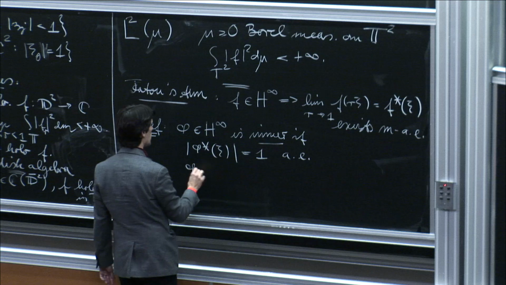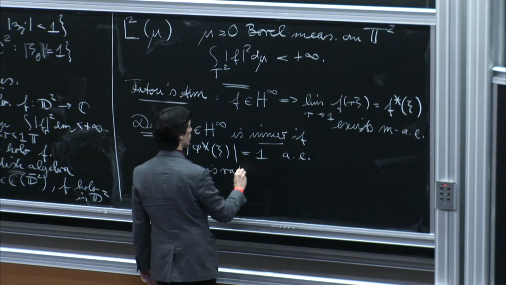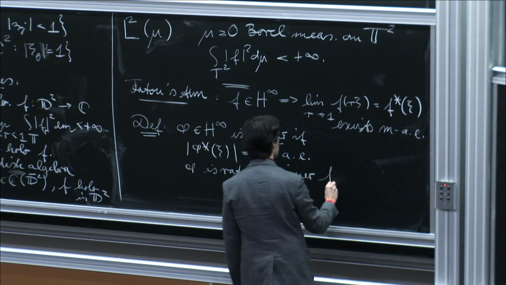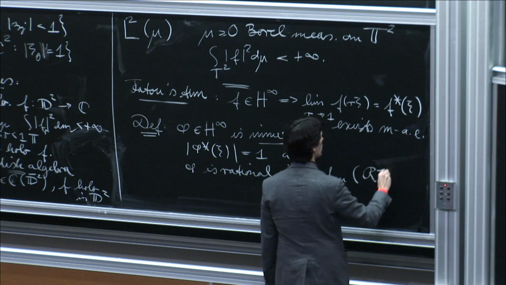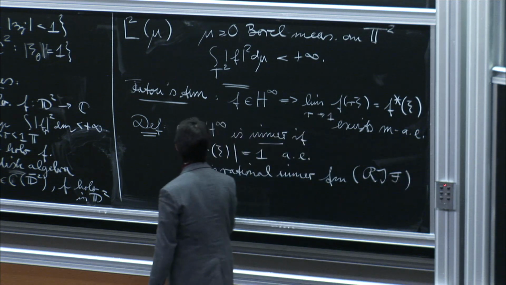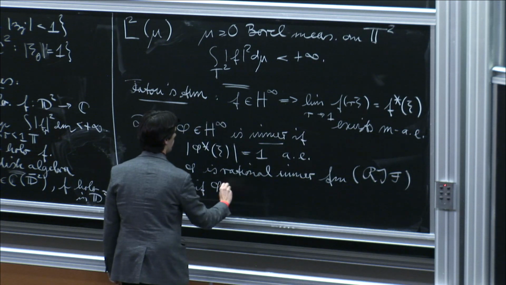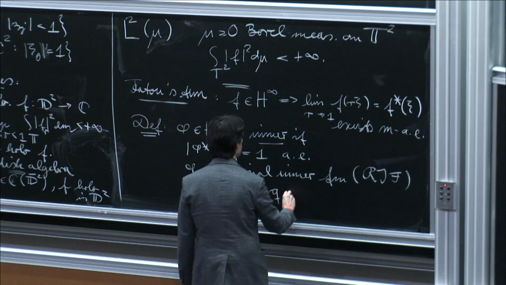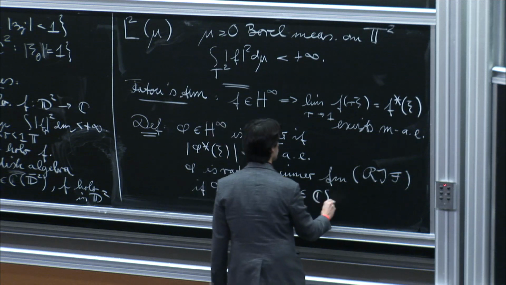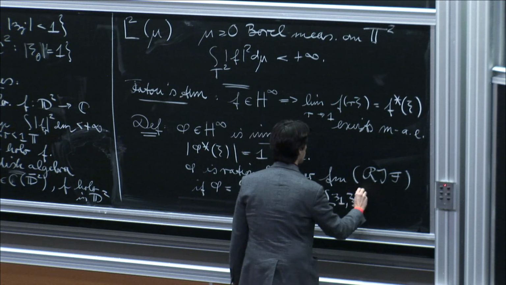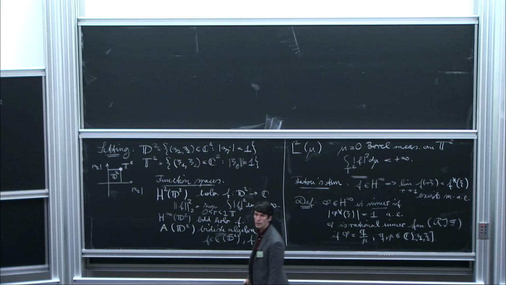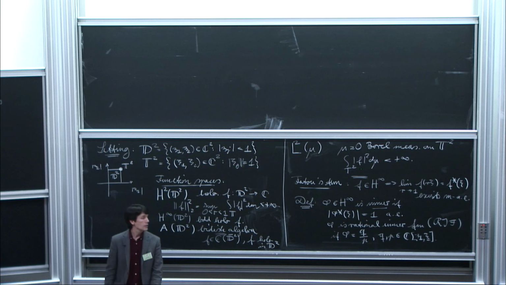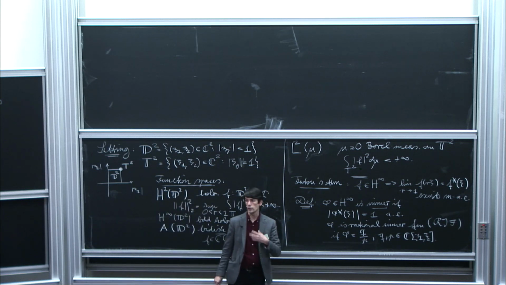And then phi is a rational inner function, abbreviated RIF, if phi is of the form q divided by p, where q and p are polynomials of two complex variables. And so to avoid trivialities, I will typically assume that such functions actually depend on all variables.